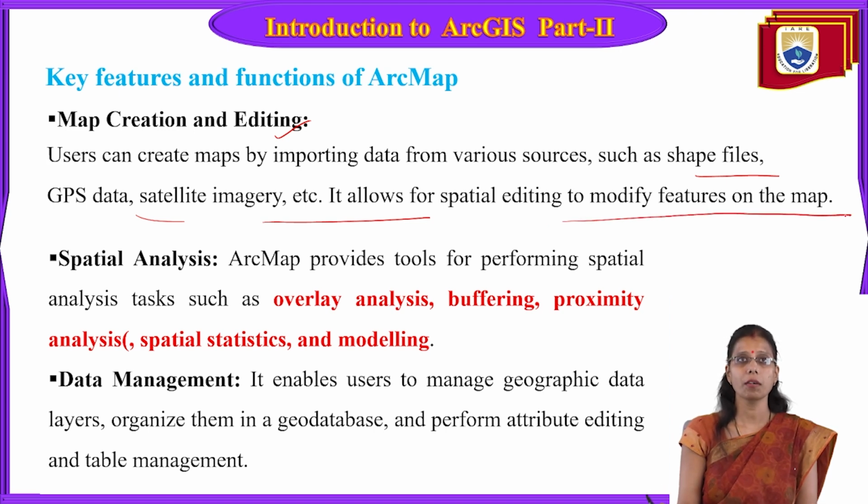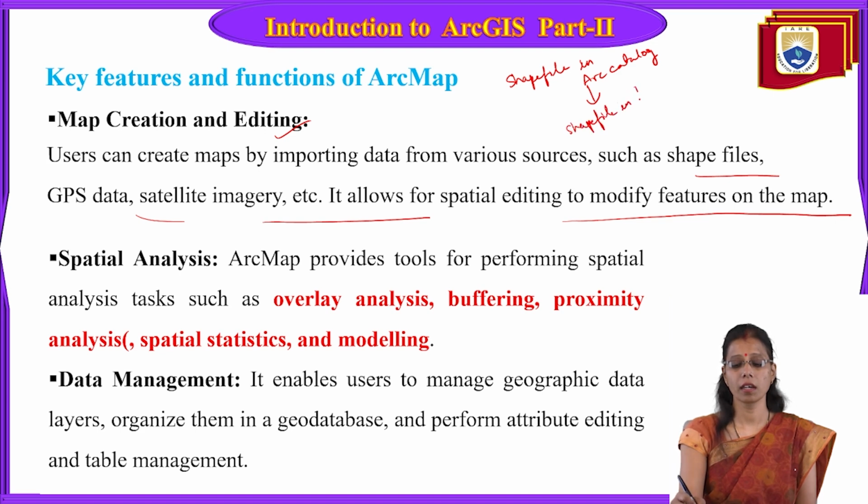So, in ArcMap, first of all, it's very important to know that if you want to create a map, we can create it in ArcMap. What we have to do is create a shapefile in ArcCatalog. After creating the shapefile in ArcCatalog, you have to add the shapefile in ArcMap.